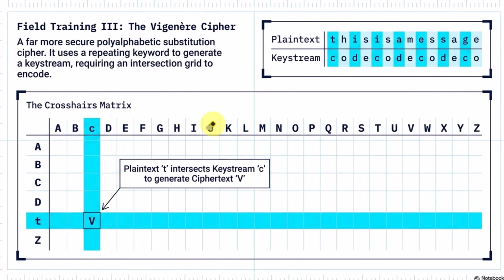The next one is the Vigenère cipher. In this one we will just use a table, and the key stream will be any specific word.